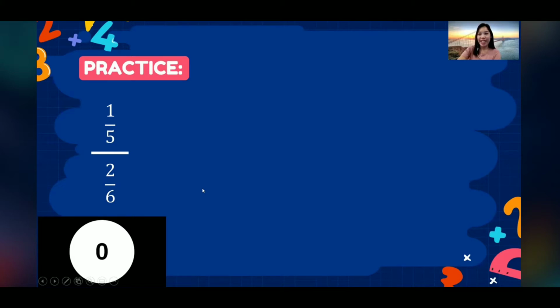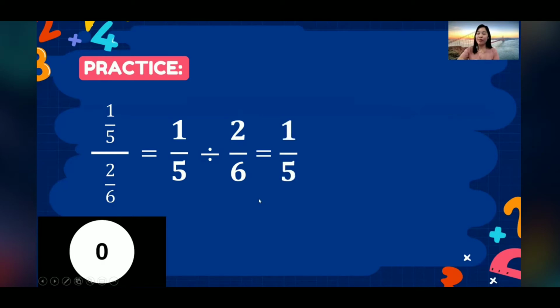Let us check if you got it right. So we have to copy our numerator as our first fraction and then change the line to a division symbol. Copy the denominator as our second fraction and then we will divide it. Keep 1/5. So this one will still be 1/5.